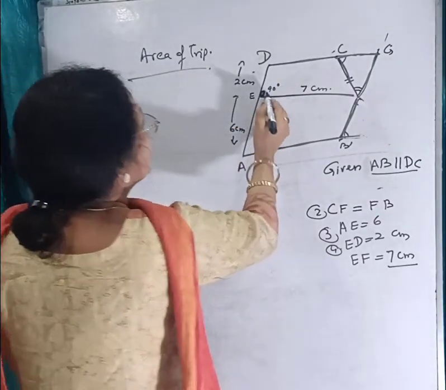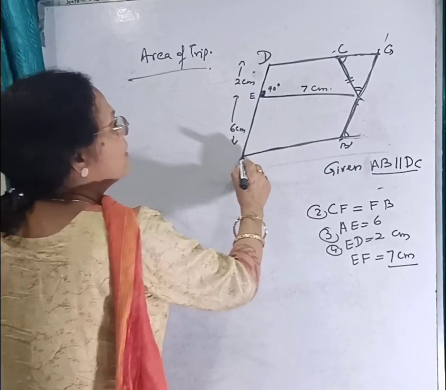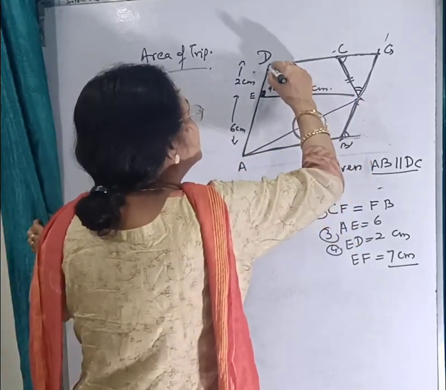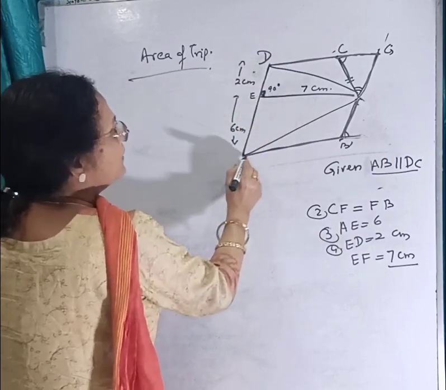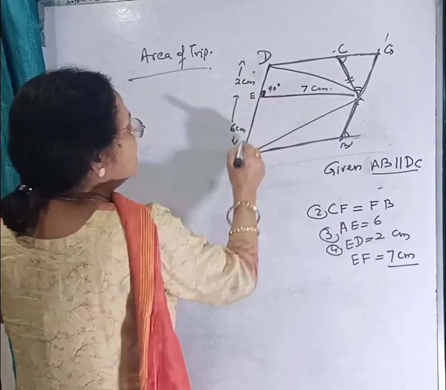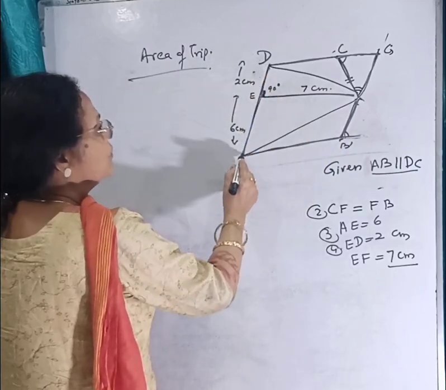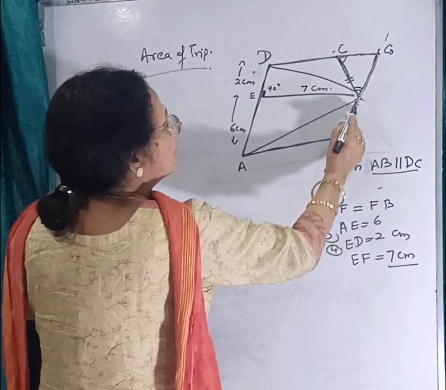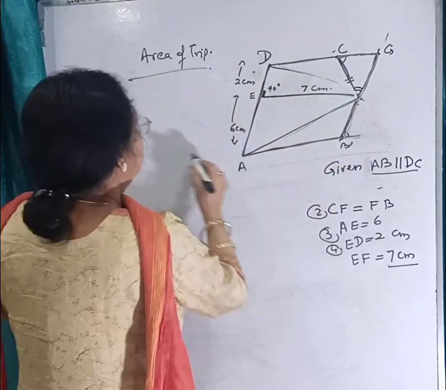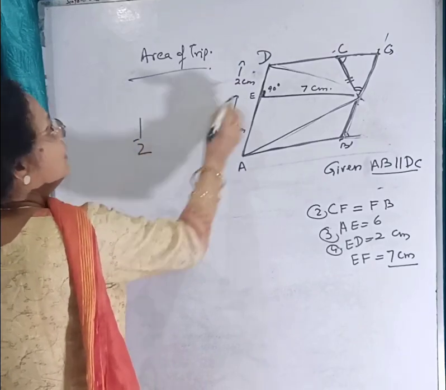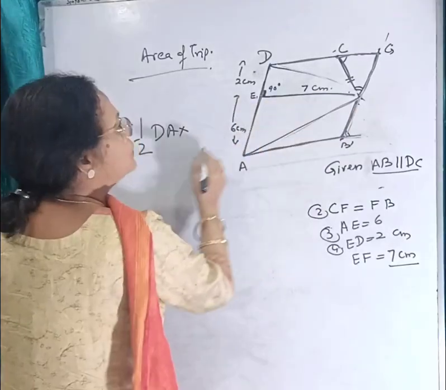The area of the triangle can be obtained. This triangle, because this is 90 degrees, the area of the triangle will be equal to base into height. On the same base, we have this parallelogram. The area of this triangle is 1 by 2 into base, which is DA, into perpendicular, which is EF.